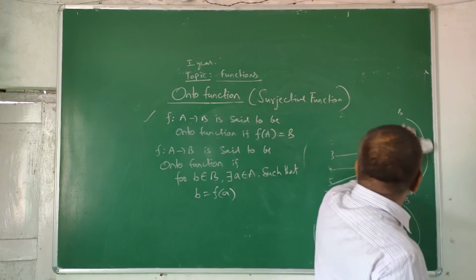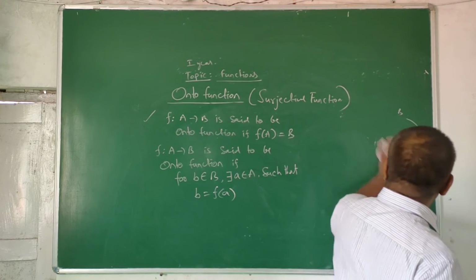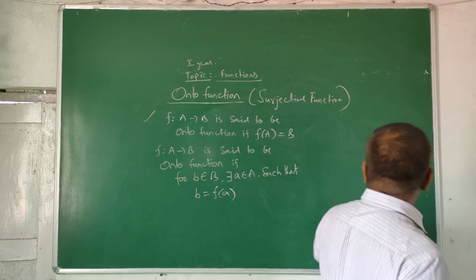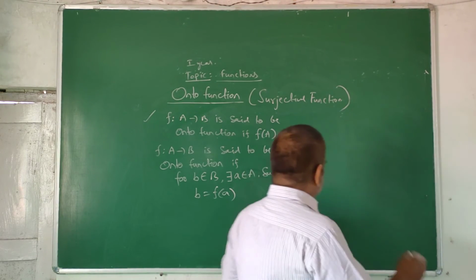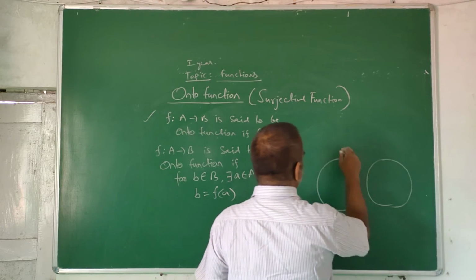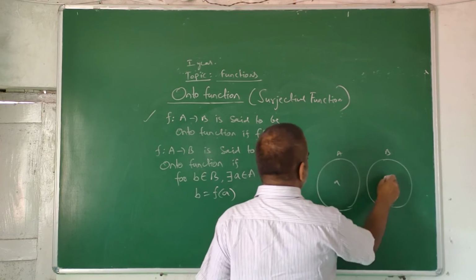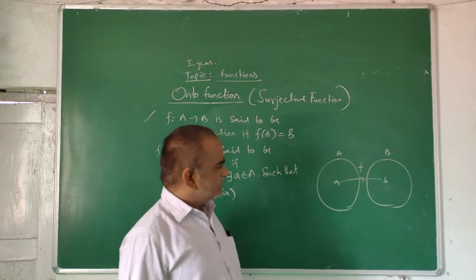Understood? See, onto function, you can observe with this. Already I have given examples, but this definition, say A and B, f of a is equal to b, like this.